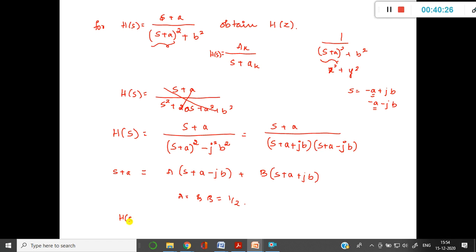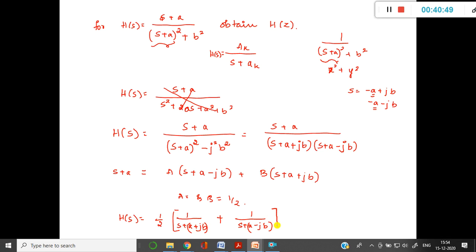So if I write this h of s after obtaining, we'll just write like 1 by 2. You can solve this later on. So this is one factor, plus 1 divided by (s plus a plus jb), so this is one of the poles, and this is another.